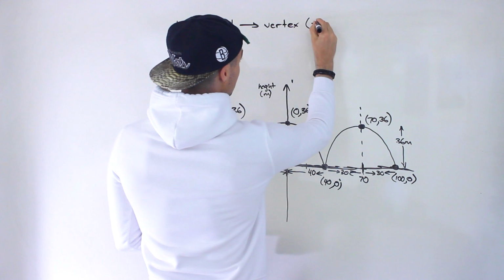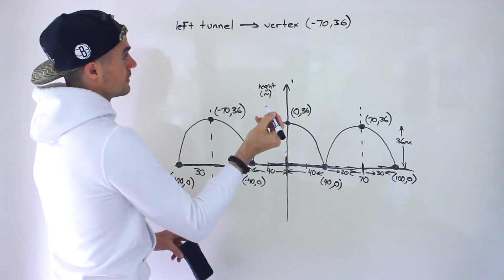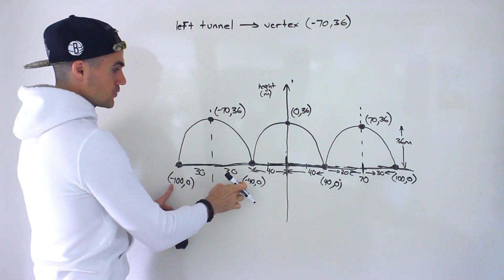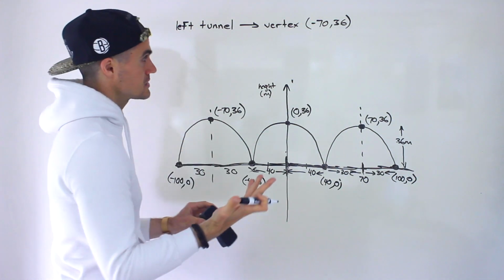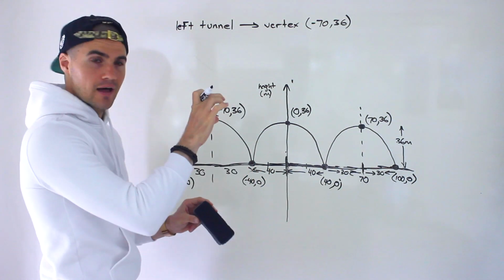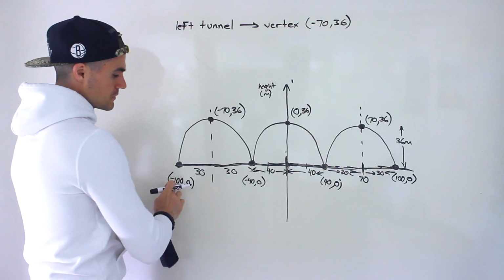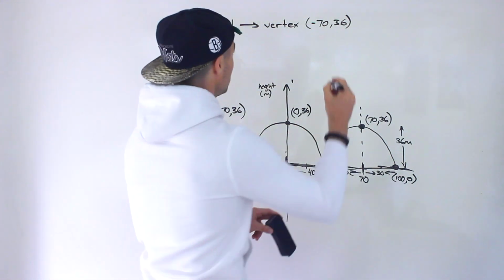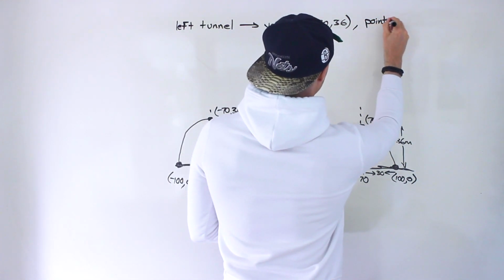Negative 70 and 36. And then we also have 2 points we can use for this parabola over here. We actually only need one of the points to solve for that a value in vertex form, which is what we're going to do. And whether we use this point or this point, it would give us that same a value. But for now, I'm going to actually just write both points.